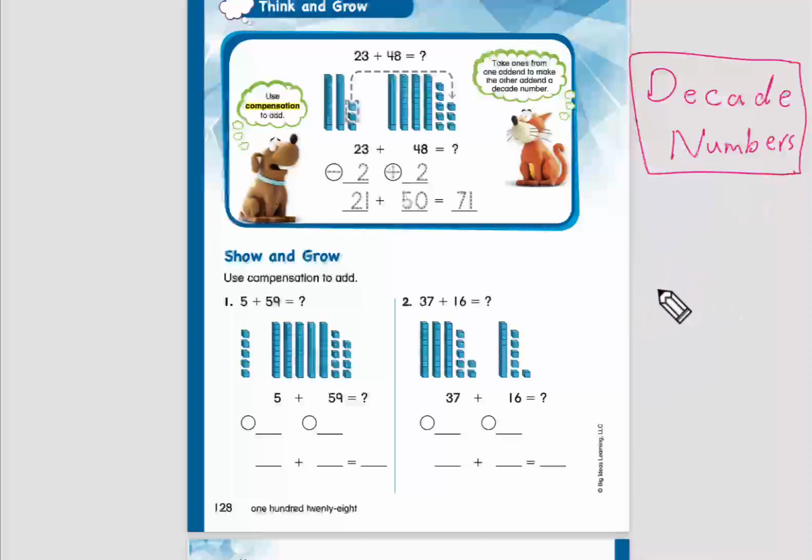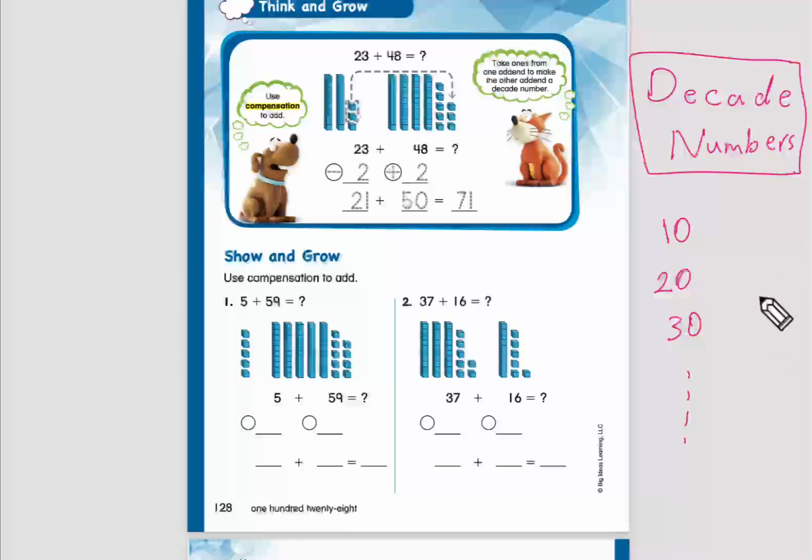I'll tell you the first three numbers and you should continue. 10, 20, 30. Continue, my heroes. 40. Excellent. 50, 60, 70, 80, 90, 100. Excellent. So 10, 20, 30, and so on. These are decade numbers.